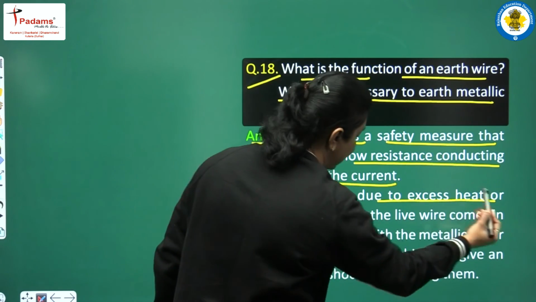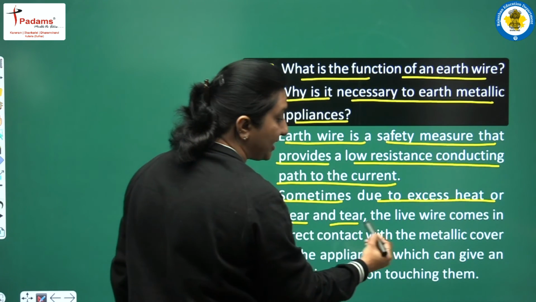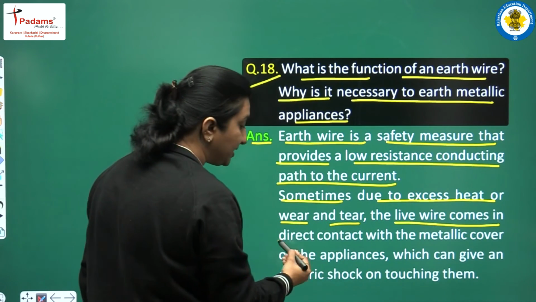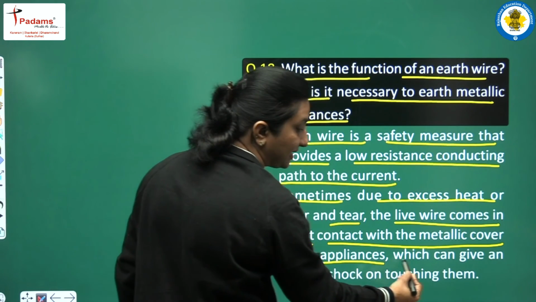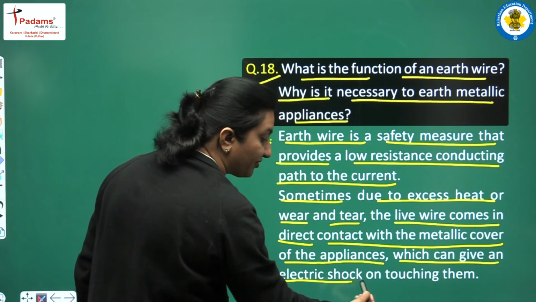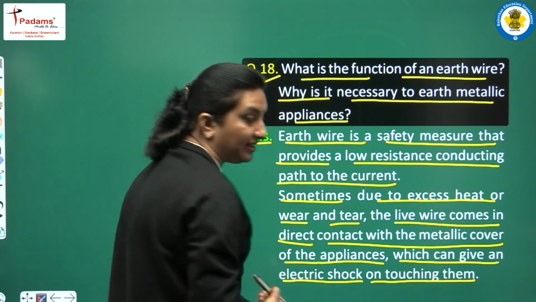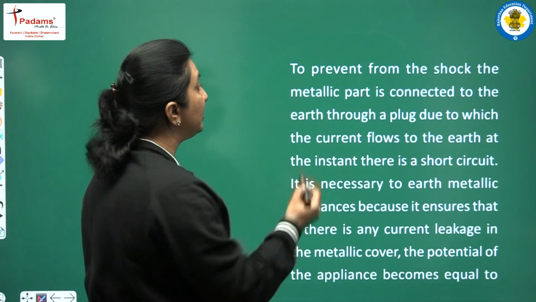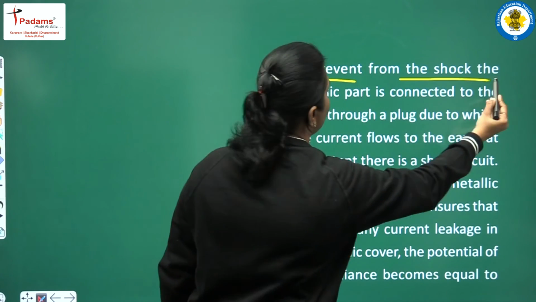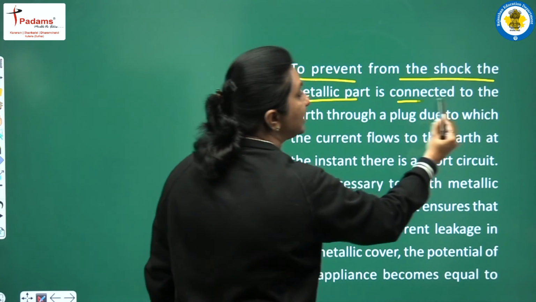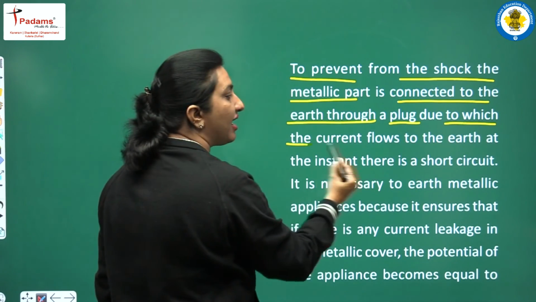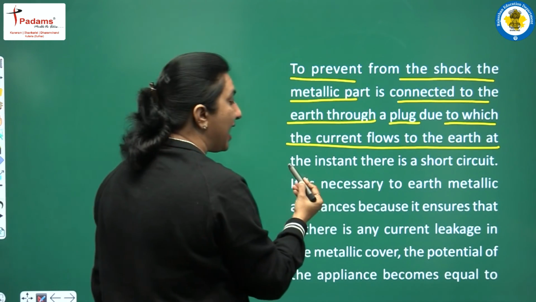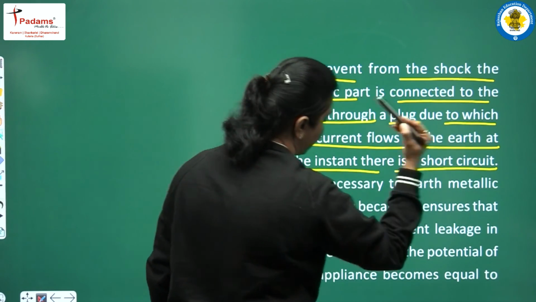Sometimes due to excess heat or wear and tear, the live wire comes in direct contact with the metallic cover of the appliances, which can give an electric shock on touching them. Hence, students, to prevent from the shock, the metallic part is connected to the earth through a plug, due to which the current flows to the earth at the instant there is a short circuit.